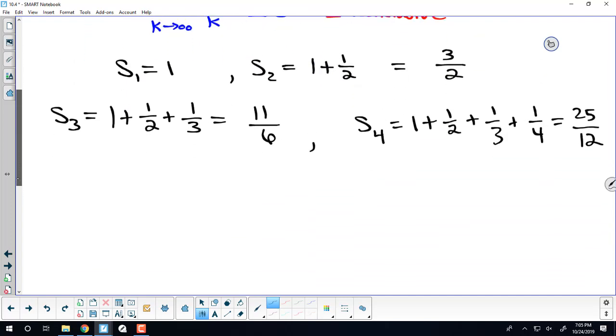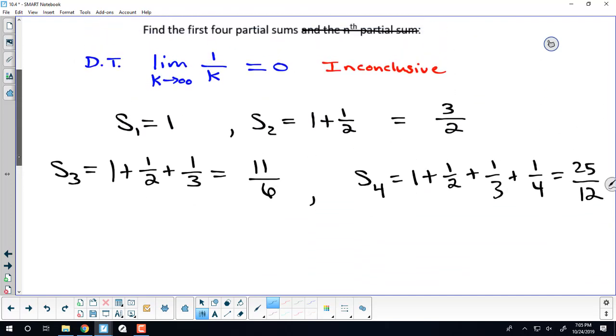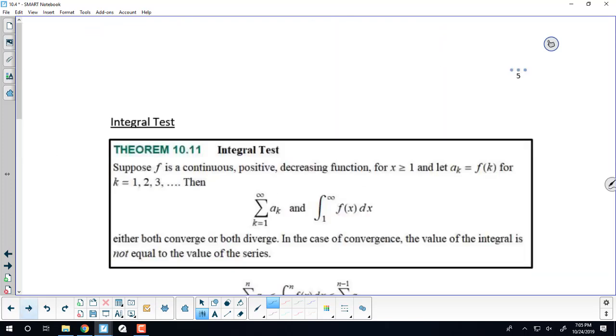Okay, so maybe we can pause on that for a moment and look at the integral test. The integral test says that suppose f is a continuous positive decreasing function for x larger than or equal to 1. We're going to let a sub k equal f of k.